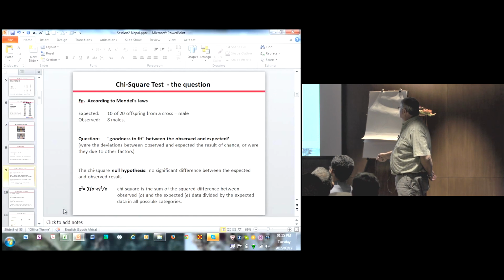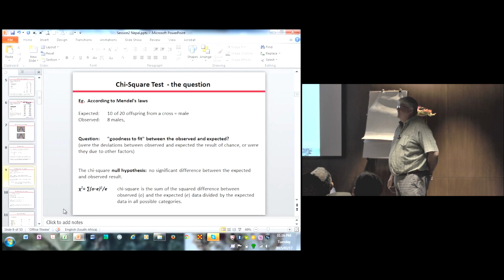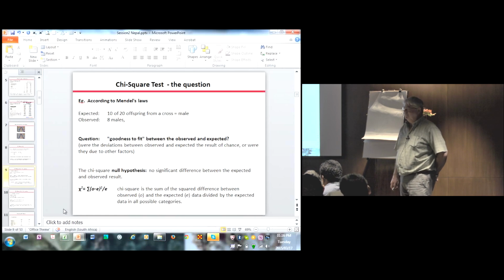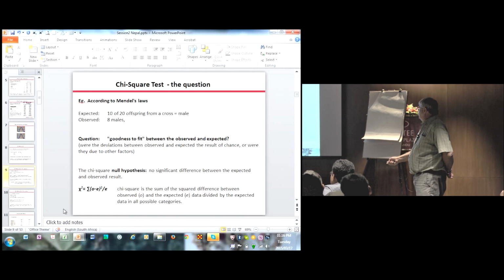Were the deviations between the observed and the expected the result of chance, or were they due to other factors? The chi-square null hypothesis, and as I said, I don't like null hypotheses, is no significant difference between the expected and the observed.